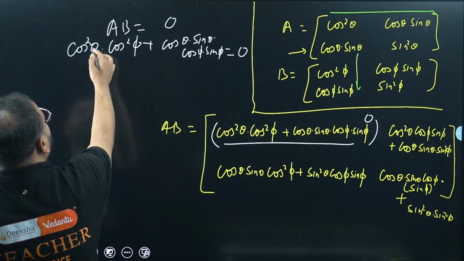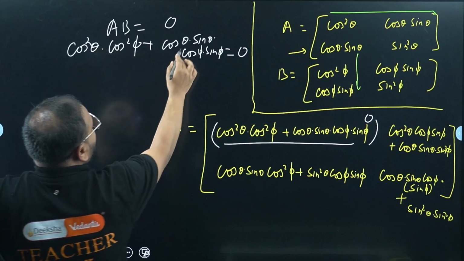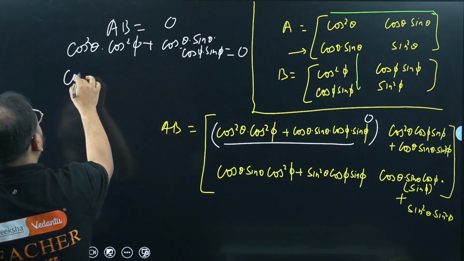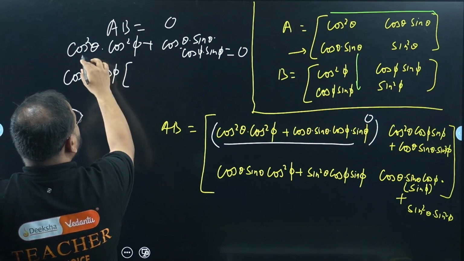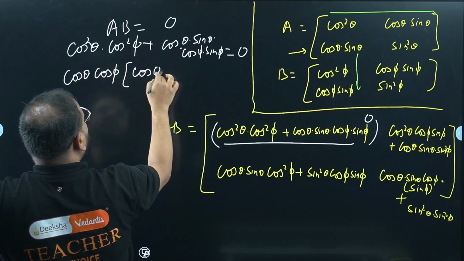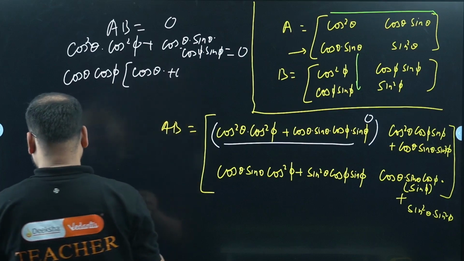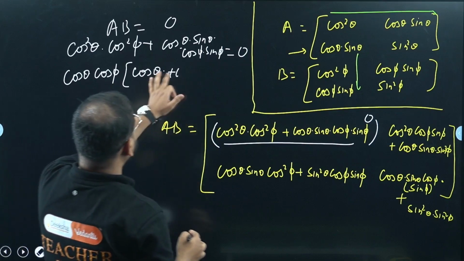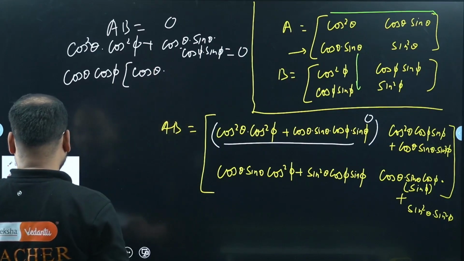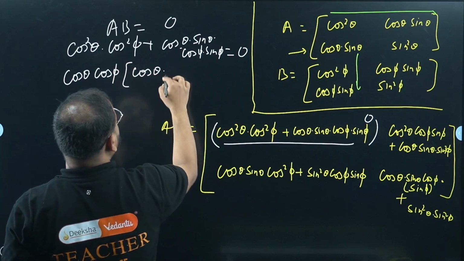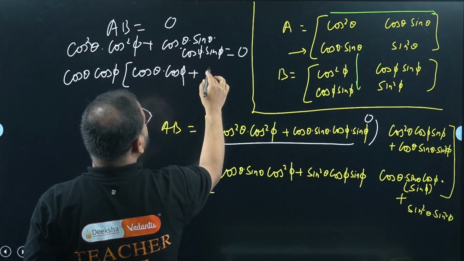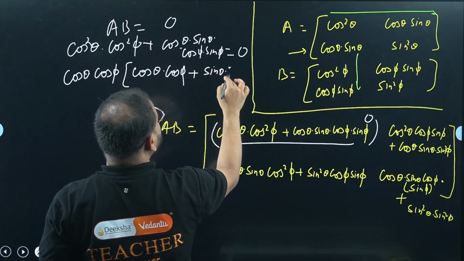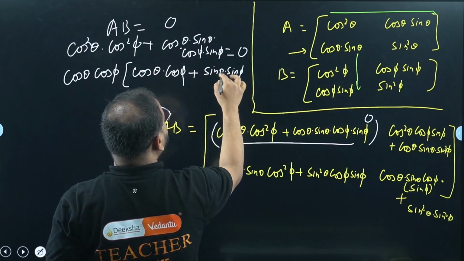Cos theta cos phi, I can take it common. So cos theta cos phi common here. What is left in the first term? Cos theta, cos phi is left in the first term. For the second term, plus sign, only sin theta and sin phi is left.